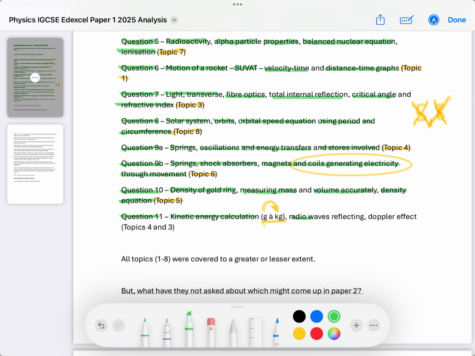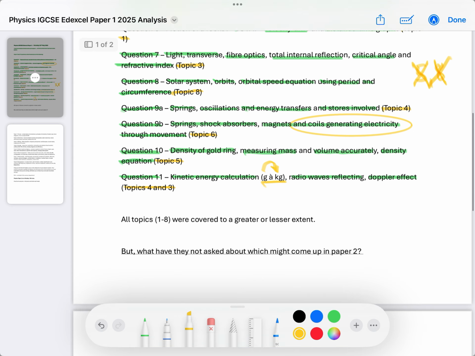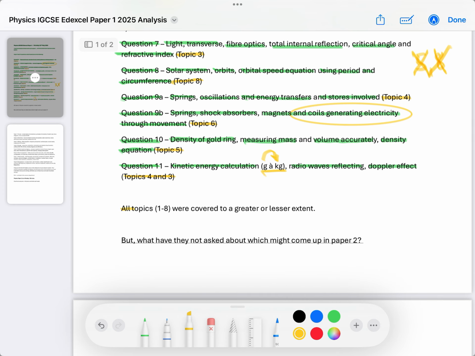And then they use radio waves bouncing off the object with kinetic energy, and the reflected waves were a source of waves, and it created the Doppler effect. Okay? So this links kinetic energy from topic 4 with topic 3, which is the Doppler effect. Okay? So all 8 topics were covered to a greater or lesser extent.